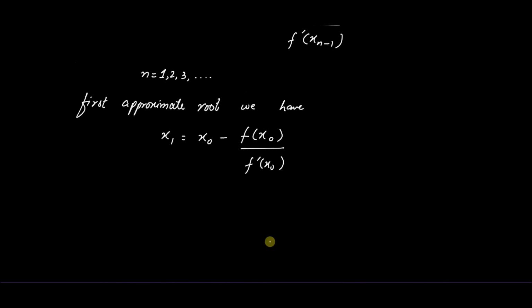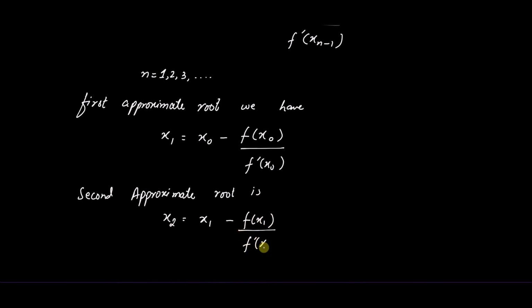Similarly, if we repeat the approximation, our second approximate root is x2, that is x1 minus f of x1 over f prime of x1.